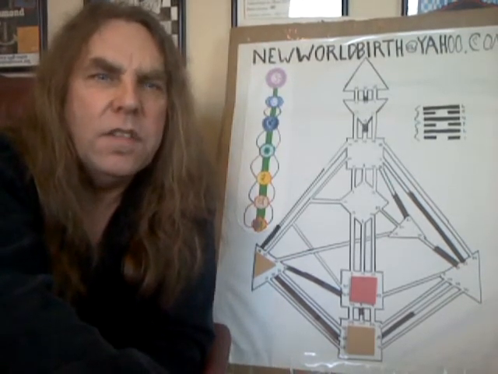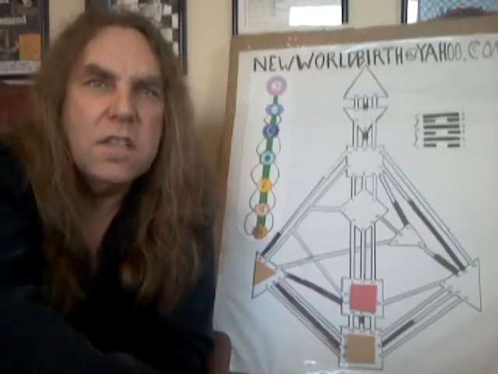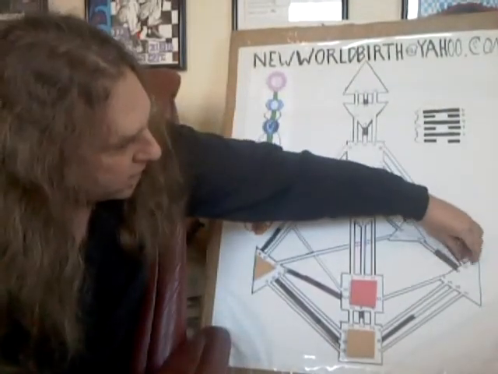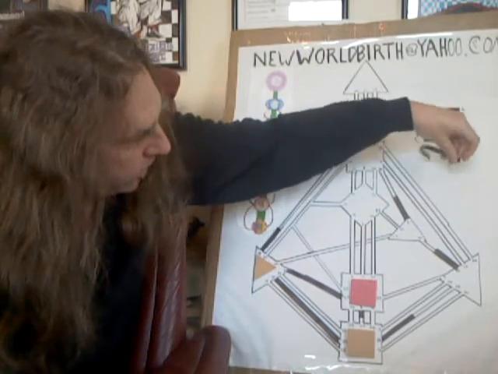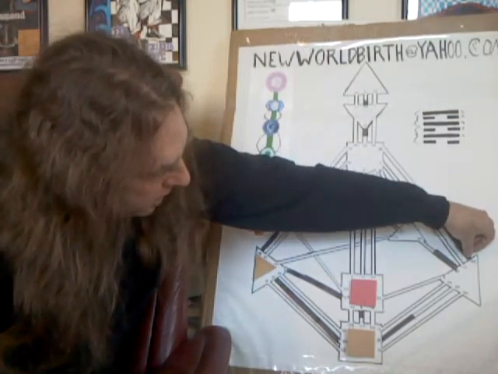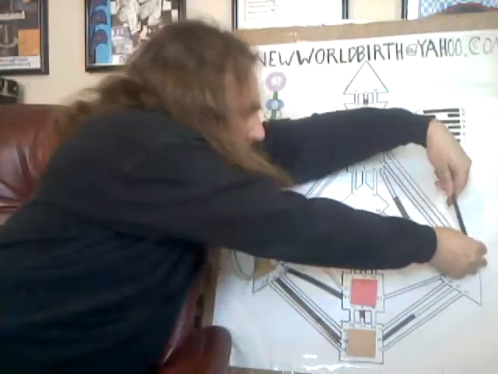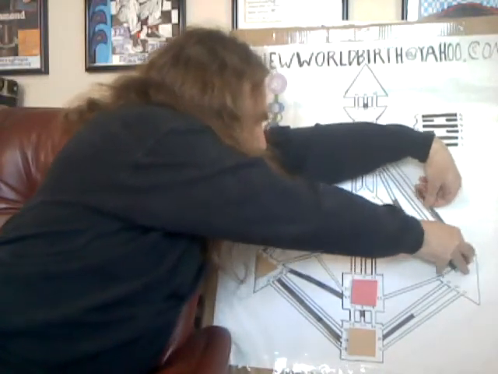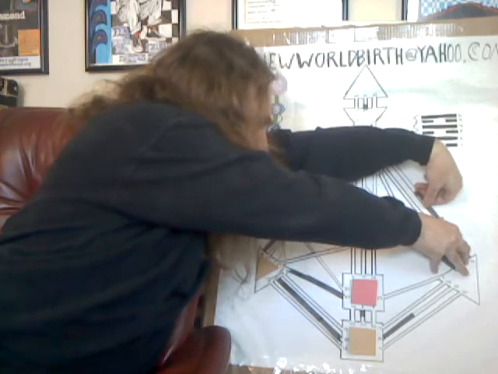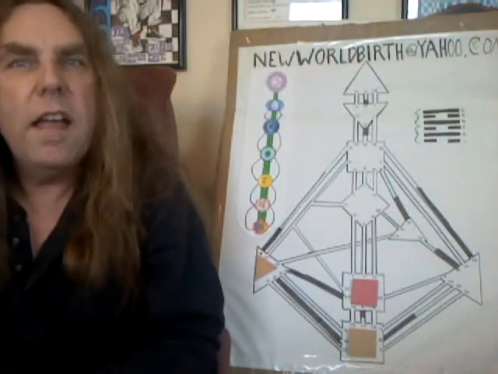And then also on the 26th, Venus moves from the 22nd hexagram to the 36th. Venus we talked about before as being profound, deeply misunderstood.